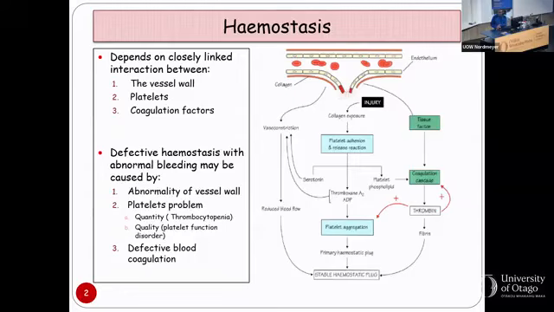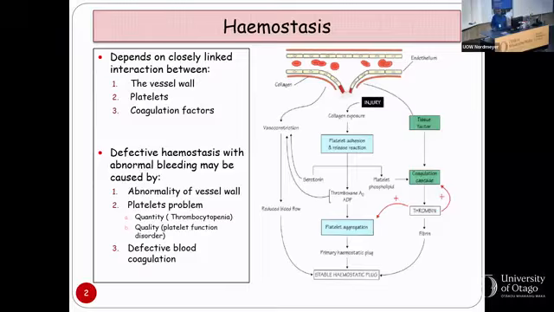reflex vasoconstriction is just as important, which means, the reason for all of this is to say that if there were to be abnormalities of the vessel wall, that can lead to bleeding. And of course you know what the vessel wall is. It has all of those layers you learned in histology. Key amongst them is collagen and some of those other things that you must have learned about.